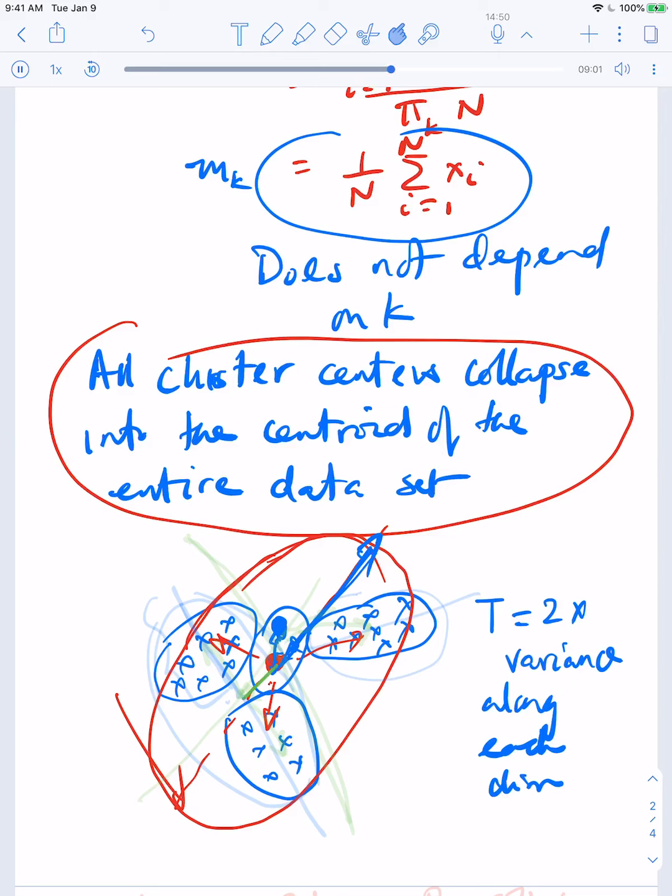For example, this might move here, and this might move all the way there, and I'll basically get 2 clusters. Then I keep going, and I lower the temperature further.